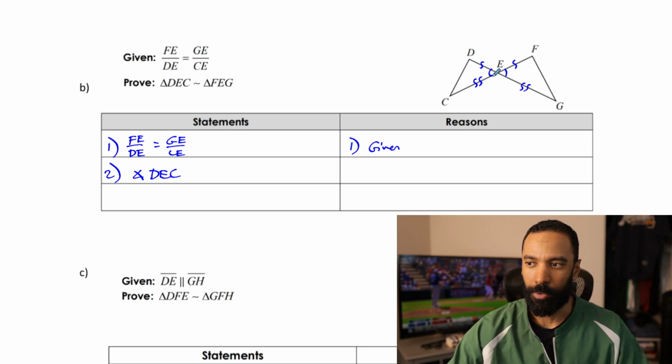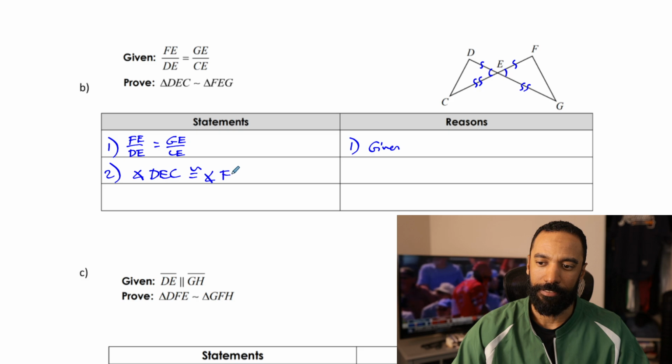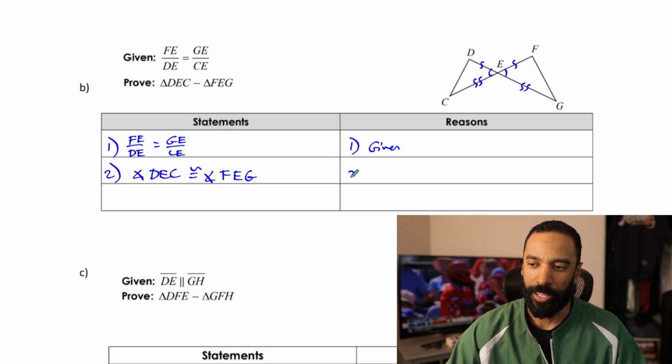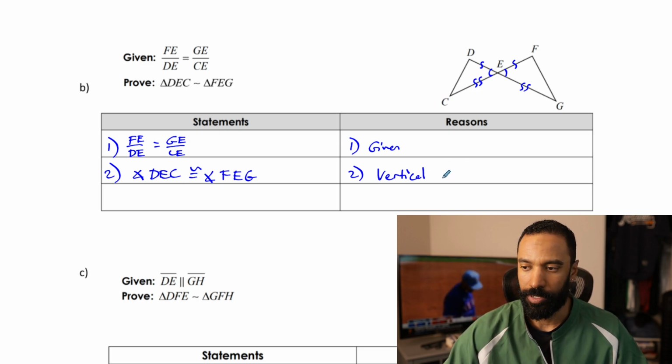By the way, this looks totally like a reflection given how these parts correspond on top together and on bottom together. So I'll call this DEC, and then FEG is congruent to angle FEG. This is the vertical angles theorem. Vertical angles are always congruent. I think they should be capitalized, but that's okay.